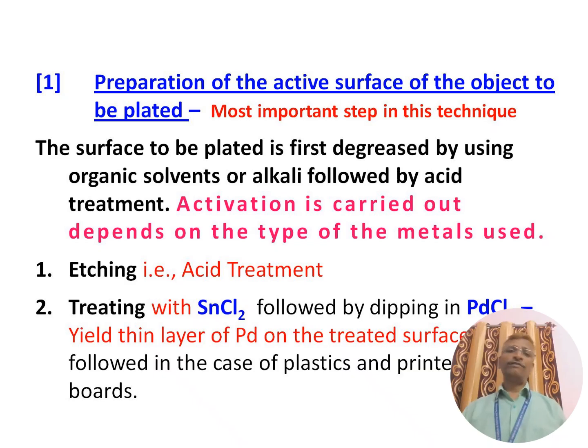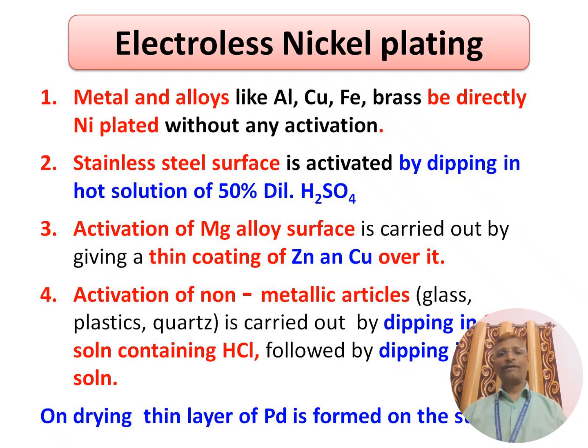Okay, so here also in a similar way we have to follow the cleaning process. We have to clean the metal surface by way of acid treatment, alkali treatment, etching, everything we should follow. Then the metals and alloys like aluminum, copper, iron, brass can be directly nickel plated without any activation.